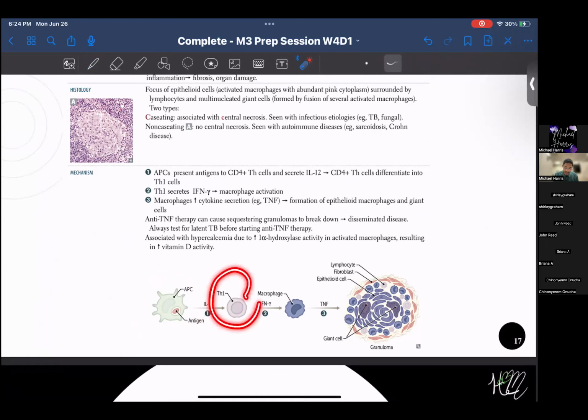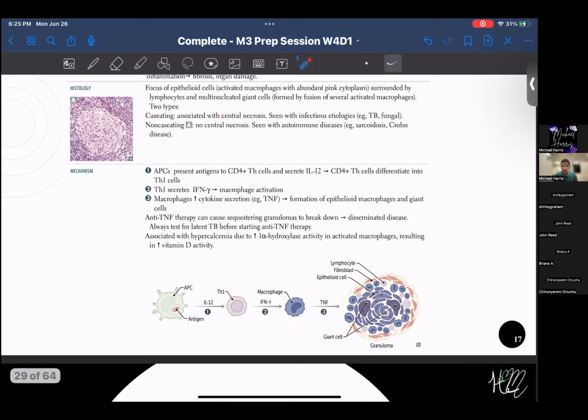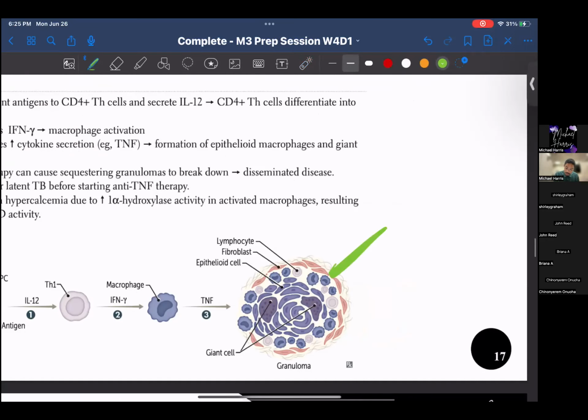You have Th1 cells. We've already talked about how you activate Th1 cells via IL-12. They release interferon gamma, macrophages come, TNF alpha. TNF alpha is the guy that then forms what is known as a granuloma.